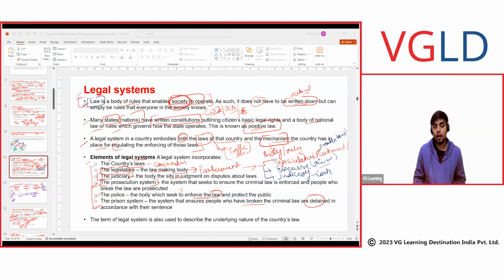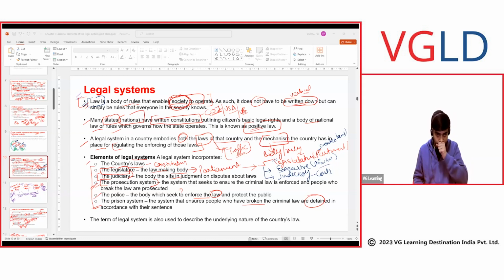In the legal system we discussed the sources or elements: the country's law, the constitution, and the legislature. I discussed in brief what the legislature is, what the executive is, and what the judiciary is. Legislature is the law-making body, and judiciary is the court. In the judiciary, the prosecution system is the system that helps punish criminals in a criminal case.